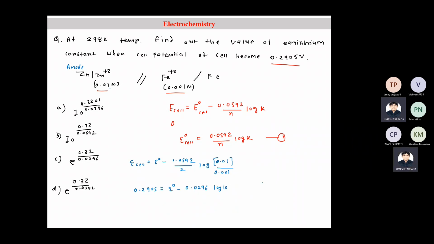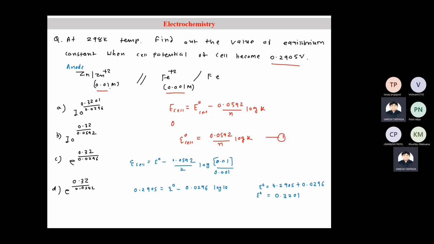So E standard is equal to 0.2905 minus, and this side it comes, it becomes plus 0.0296. So you can just add it, and it becomes 0.3201.